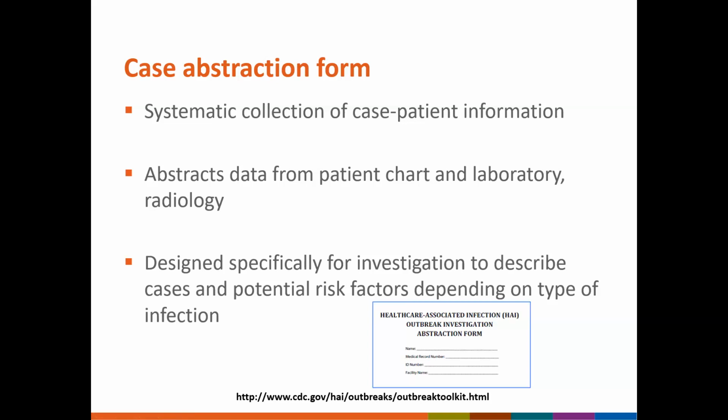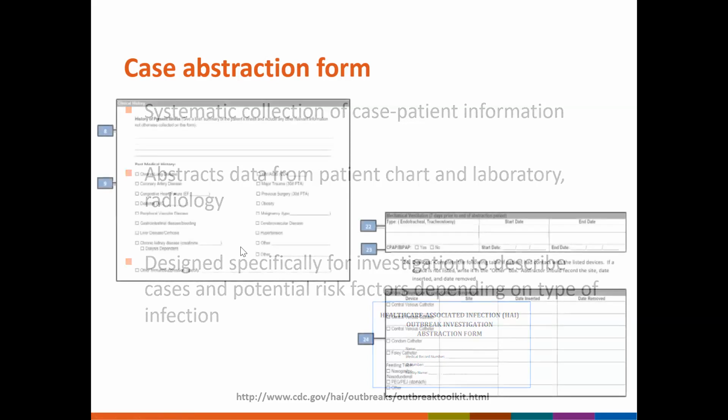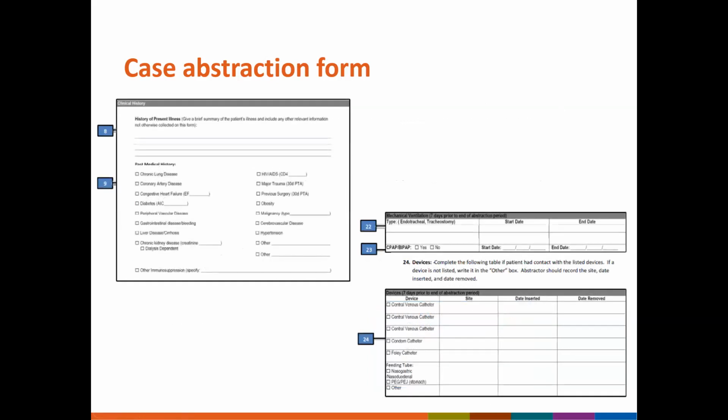These forms will be very helpful for you to collect data. This template has collecting history about various illnesses and various devices, which will give you a lot of clues about which outbreak you are dealing with. You can modify the data collection form, which you can download from the CDC website.